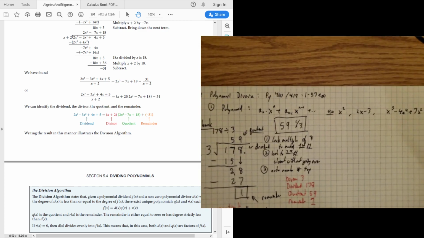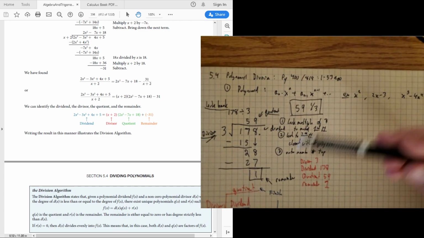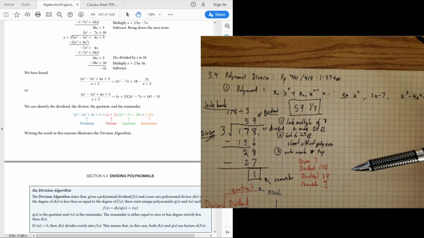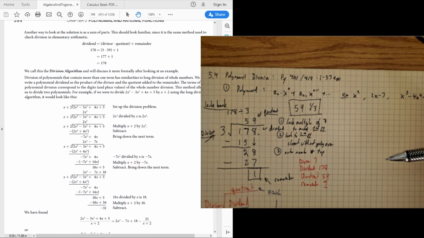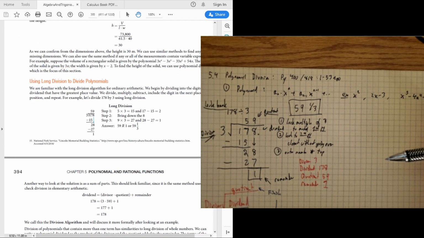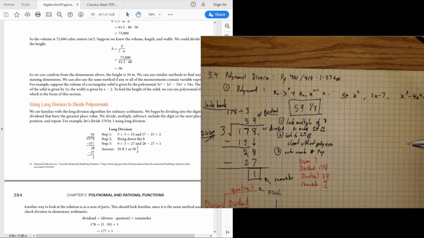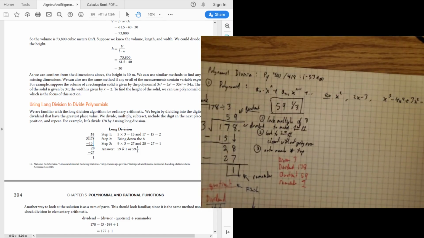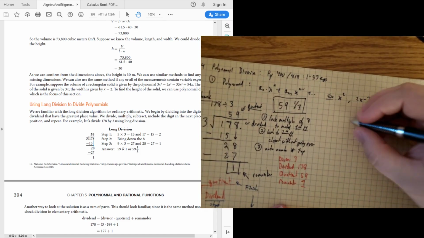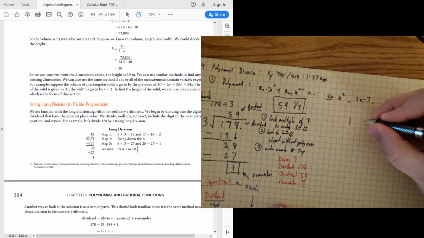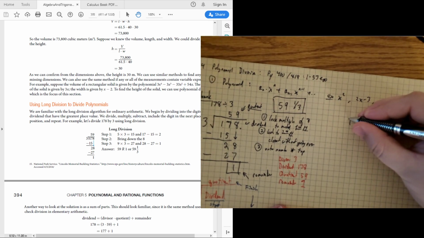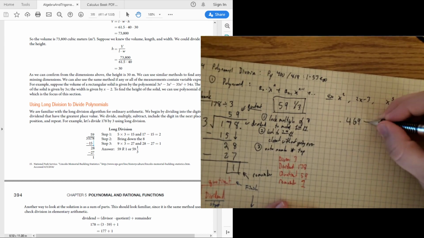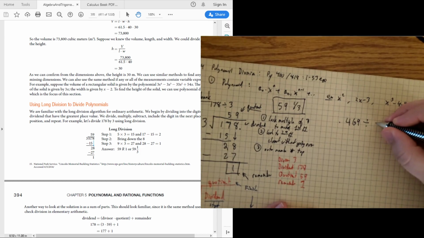Now, all that's great. And I'll go through a second example before we go on. We're going to employ many of these same tactics to do an example that involves non-numbers, polynomials. So, let's take a look now at some different numbers. Let's go with taking 469, and I'm going to divide that by 12.